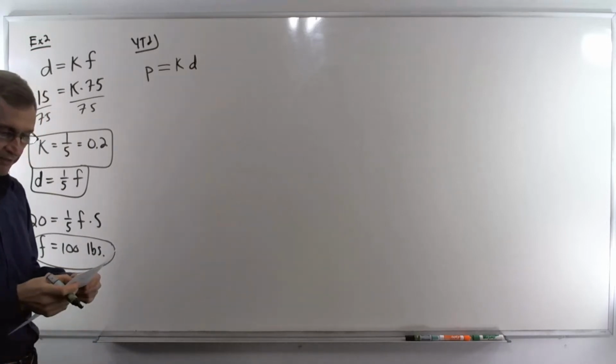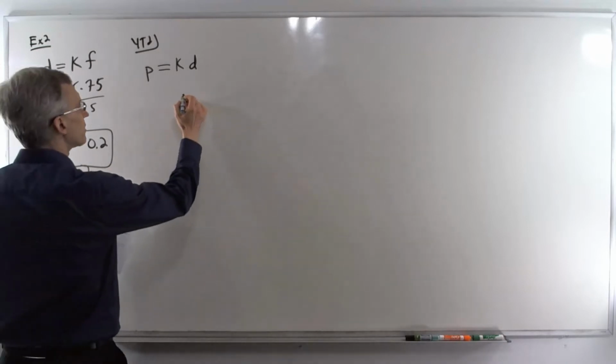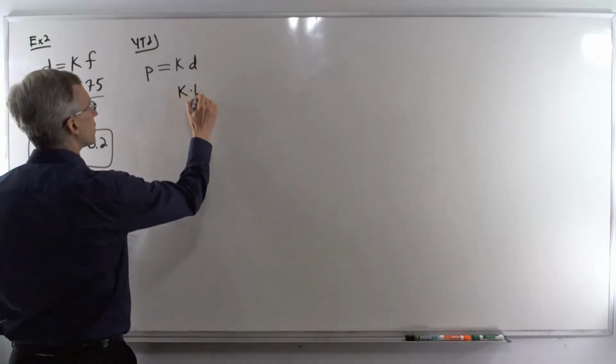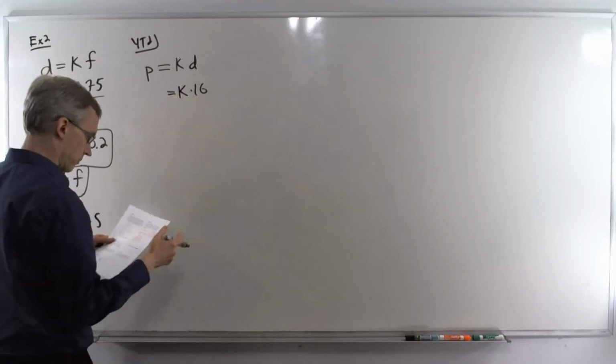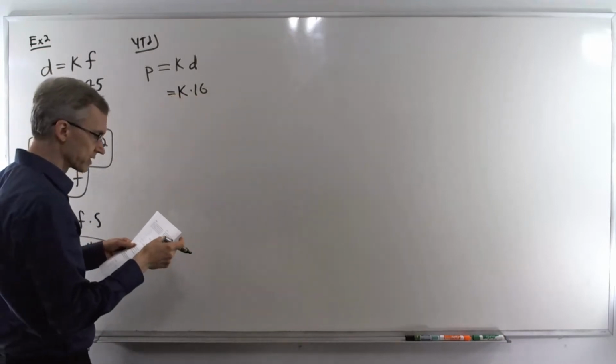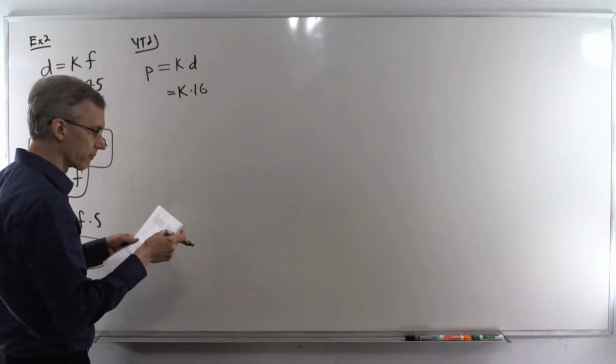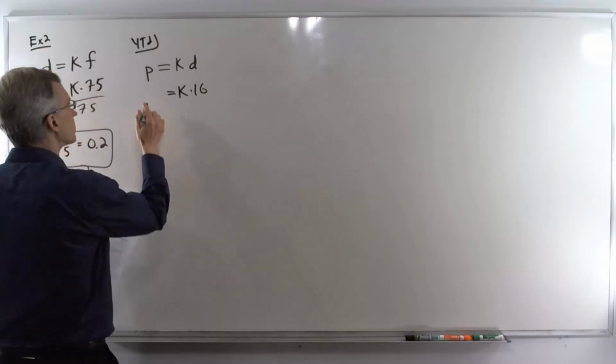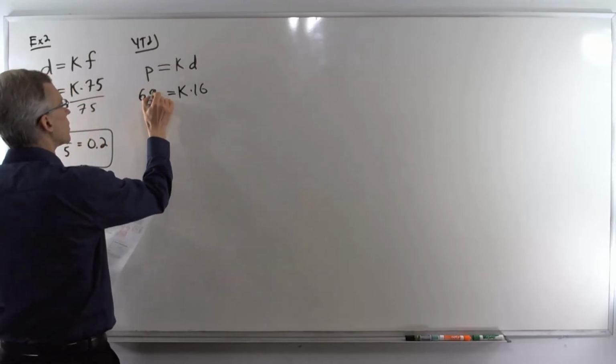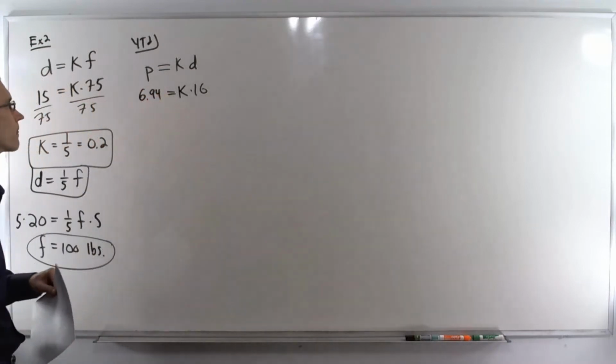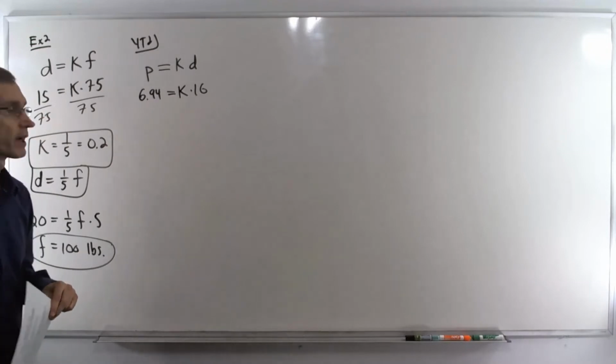Now we're given, if at a depth of 16 feet, all right, depth 16 feet, the pressure is 6.94 pounds per square foot. That goes in for P. Now we'll solve for K.